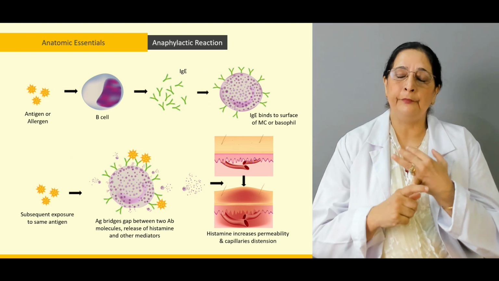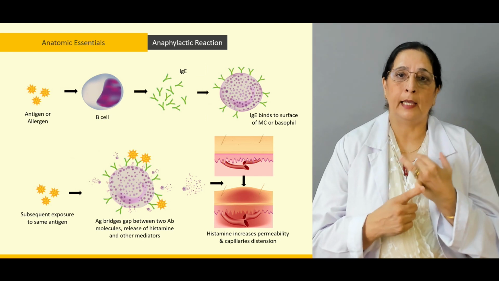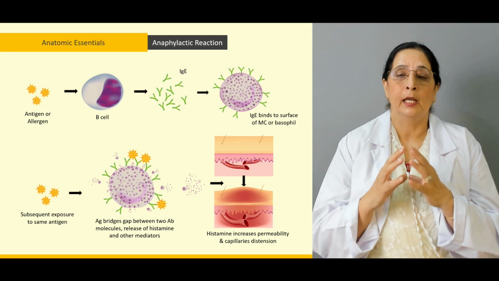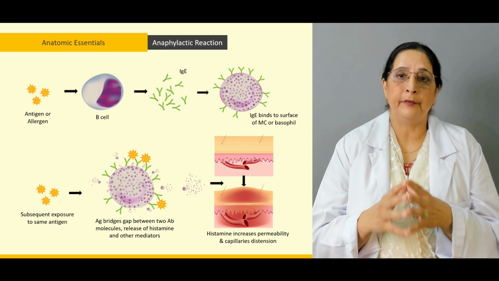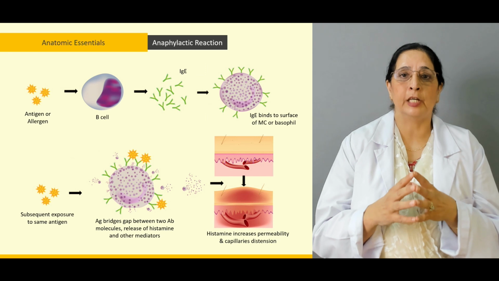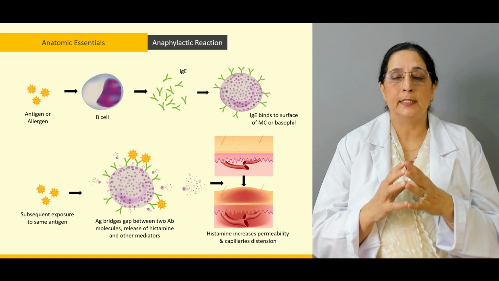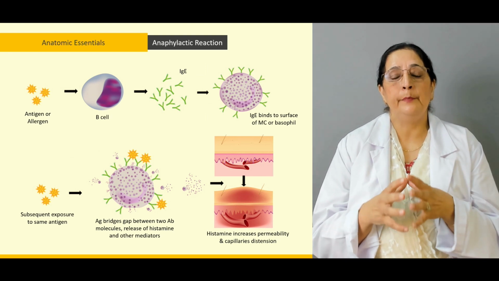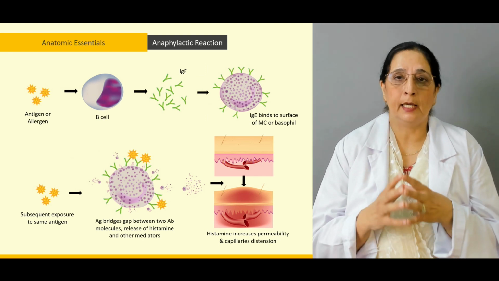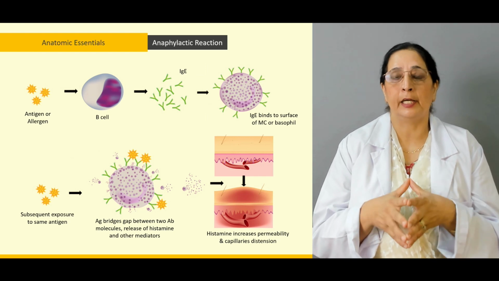So if we summarize, anaphylaxis is an allergic reaction, which can be severe and fatal and cause death. It might be a mild allergic reaction or seasonal allergies to different pollens present in the environment. It can be a result of drugs, insect bites, and different foods also cause allergic reaction.